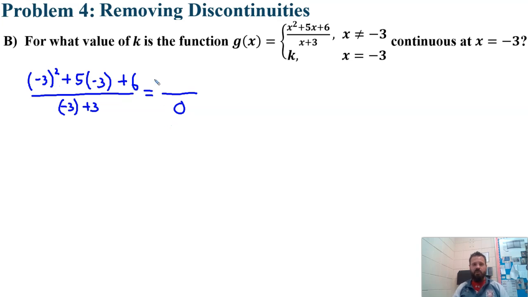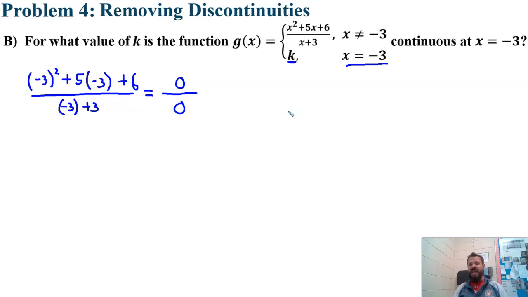And I'll also have a 0 up top, so 9 minus 15 plus 6 will give me 0 as well. Okay, so this function is undefined at x equals negative 3, or at least this rational expression is. So that's why I need this k for when x is equal to negative 3 to make this function defined.